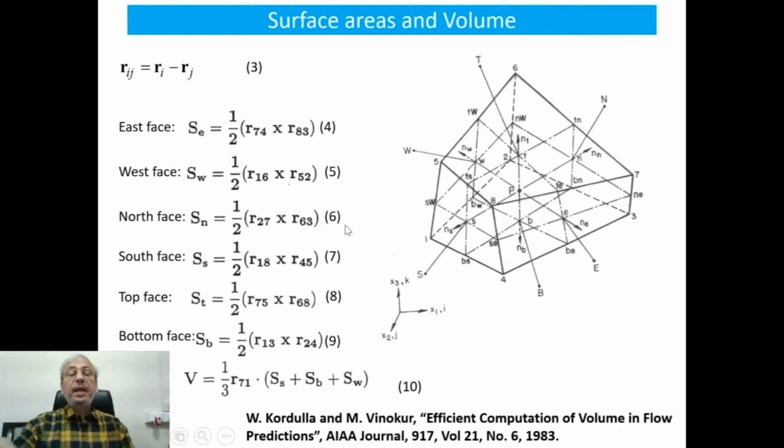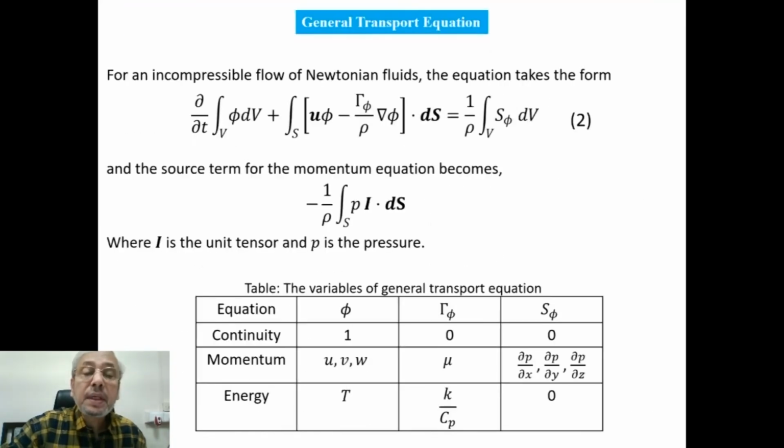So this is how we will calculate the geometrical parameters. We will see these are extremely important, and we will need this at every step of our calculation.